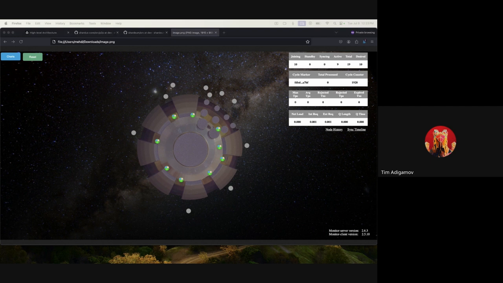Based on where this node was placed after the join and selection process, it defines which neighbor nodes it needs to request the shard data from during syncing. When syncing is finished, the node reports to others that it's active. An active node can start processing transactions.